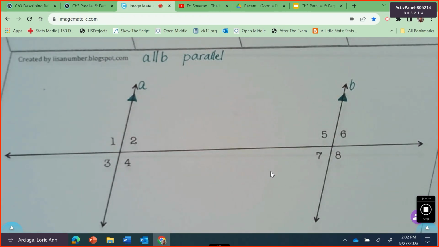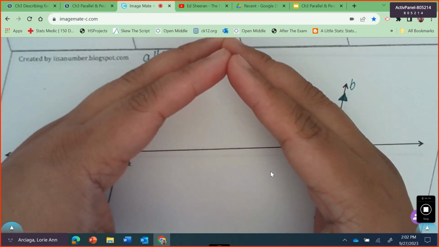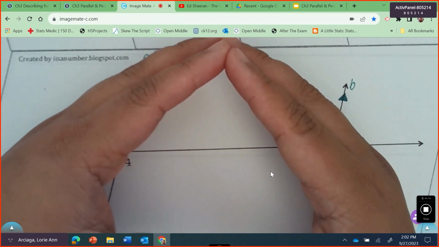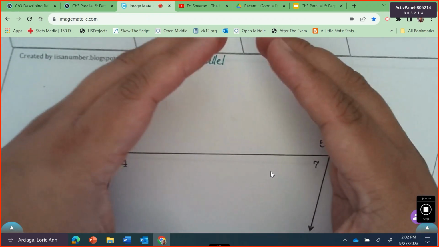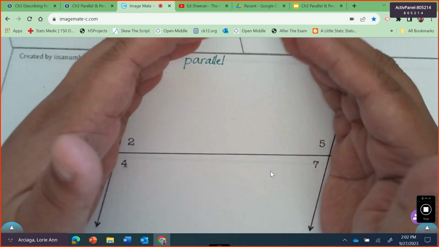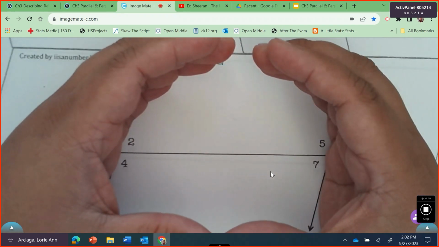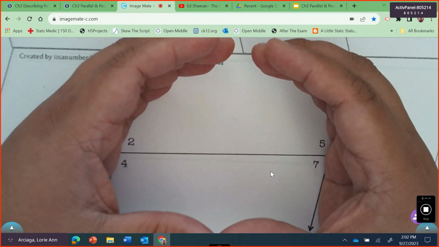Now, put your hands like this, please. Make this gesture and hold it up in the air. Now on your paper, you're going to put them on the 2 lines like this. Try to connect your fingers together, forming an oval. What numbers do you see inside your oval? 2, 5, 4, and 7.